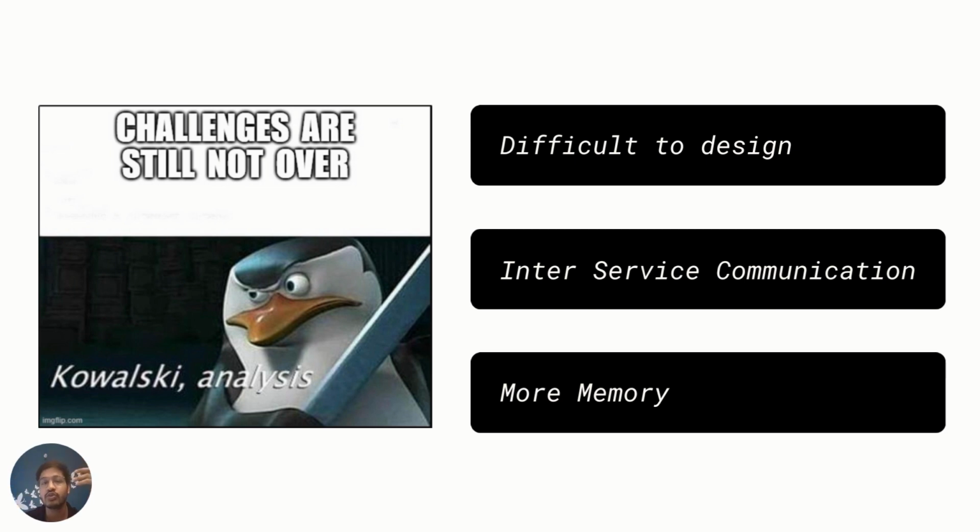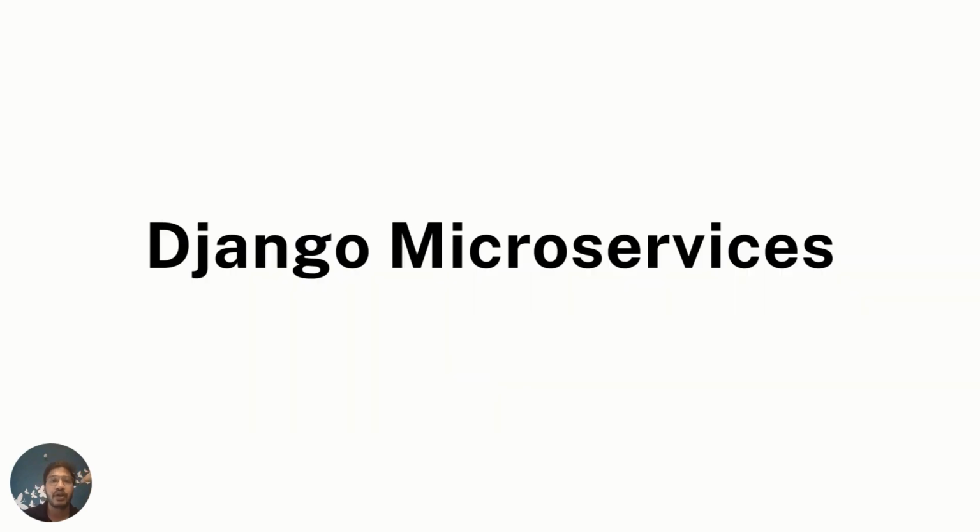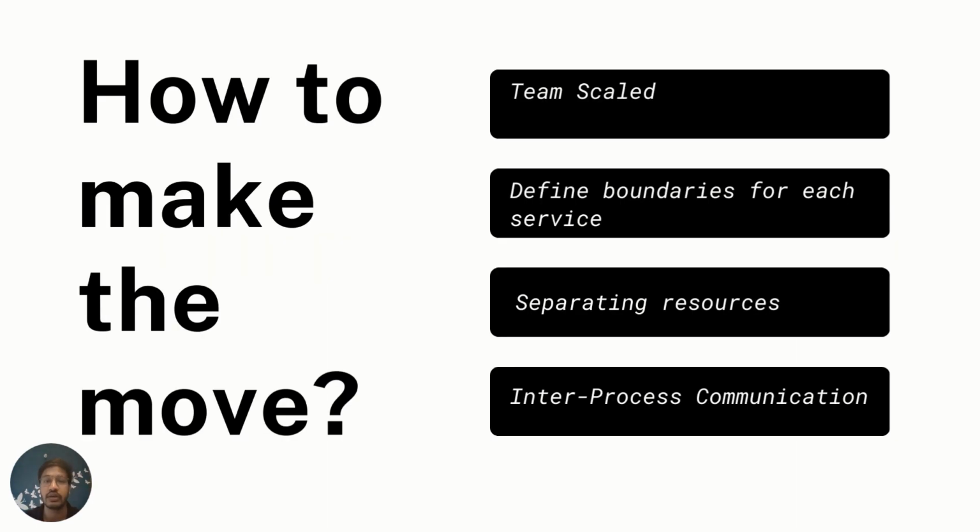Now let's move on to Django microservices, which is one of the most important parts of this talk: how to make the move, how to get started with microservice architecture, and when you should move to it if you're currently building a monolith.